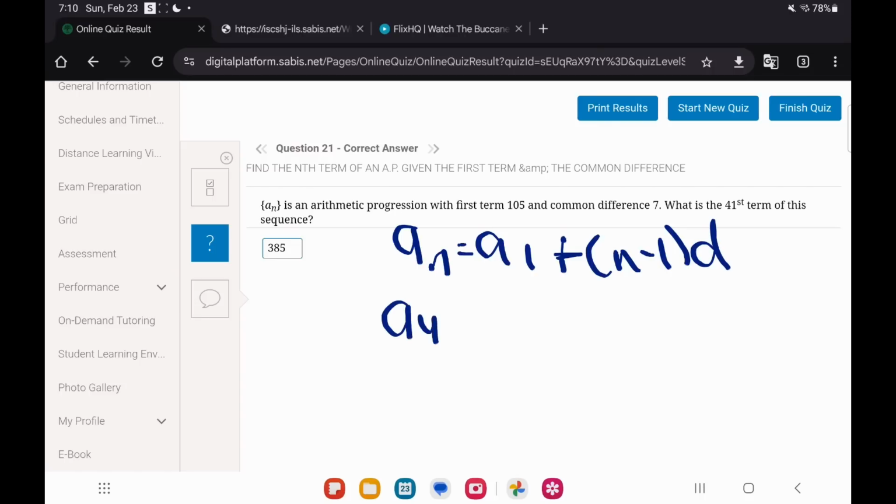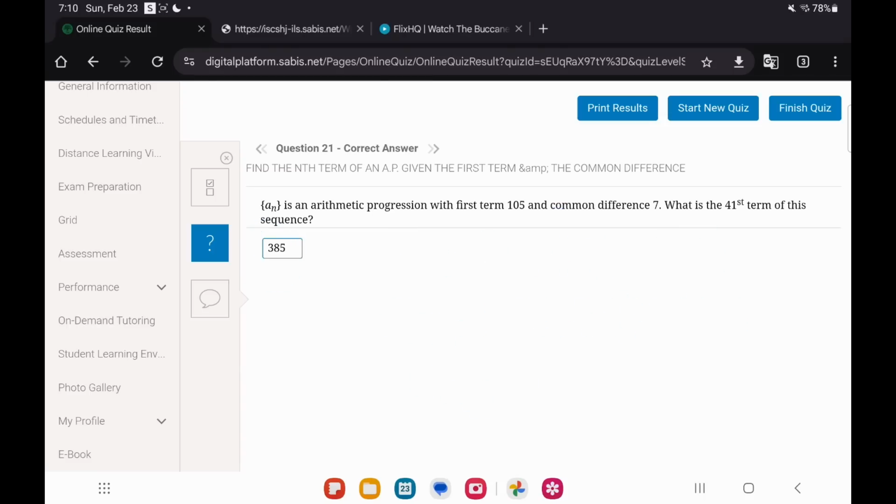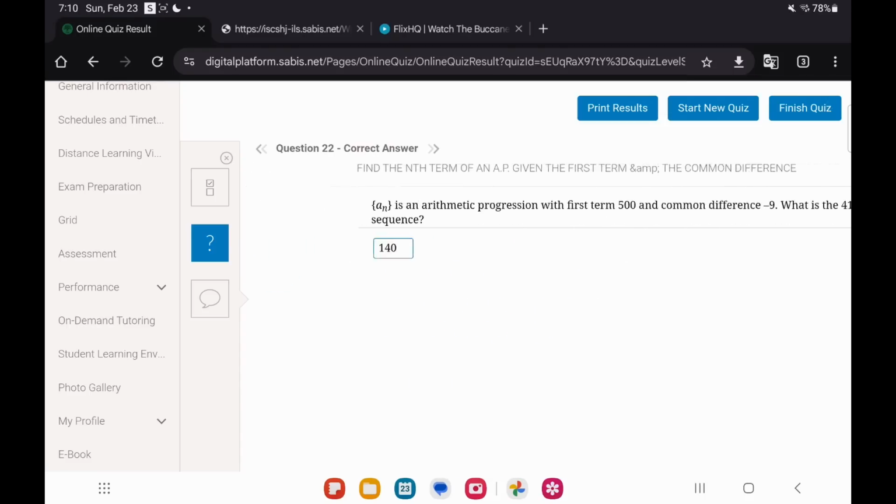A41 equals a1, which is 105, plus n minus 1, so 41 minus 1, which is 40, and then d, they already told you it's 7. So A41 equals 385, because when you do it on your calculator you get 385.